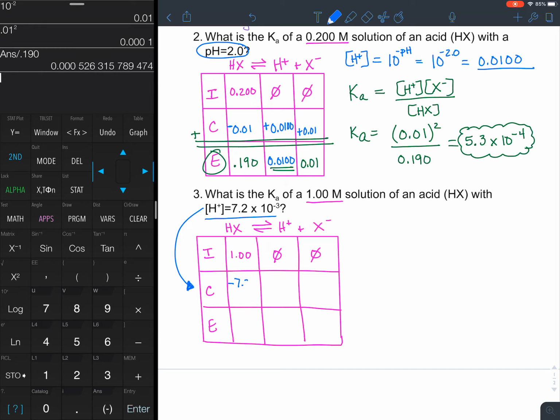So 7.2 times 10 to the negative third. I don't have a lot of room there, and we're going to add that to this side. So plus 7.2 times 10 to the negative third. Okay. So that means each one of these is 7.2 times 10 to the negative third.